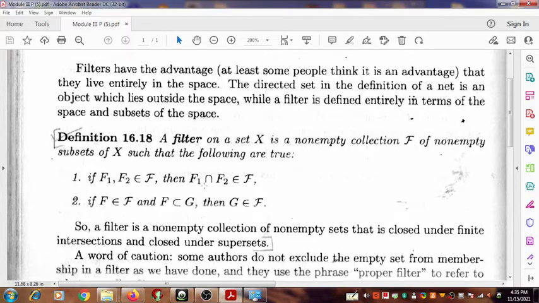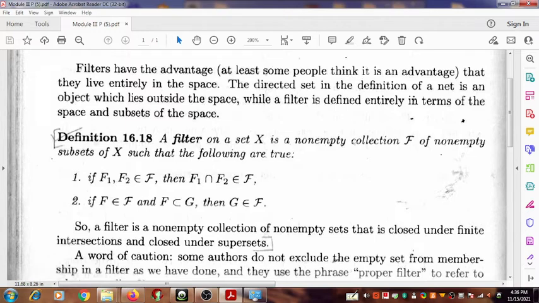A filter defined on a set X is a non-empty collection script F of subsets of X, and each of these subsets is also non-empty.